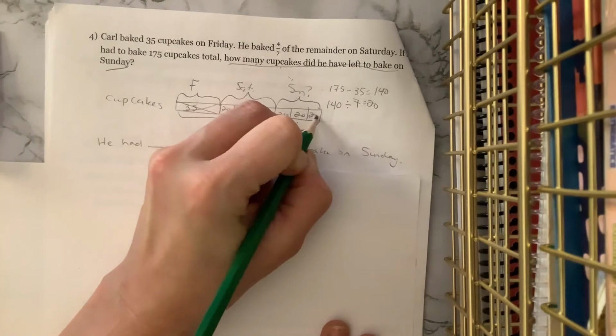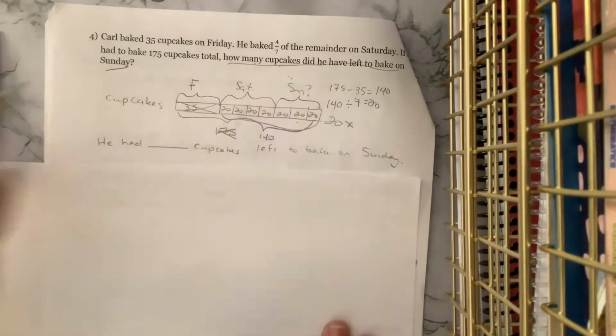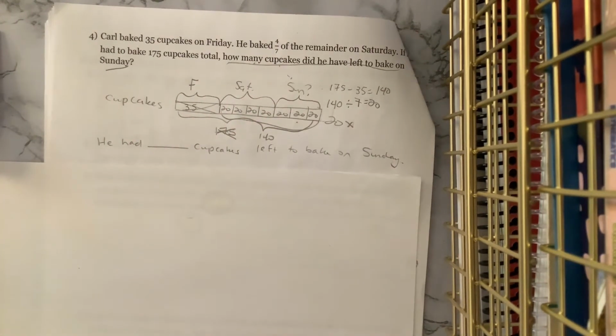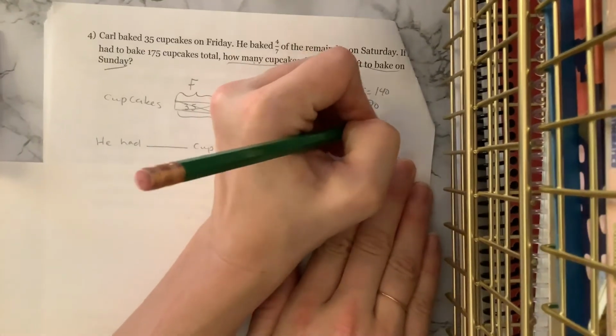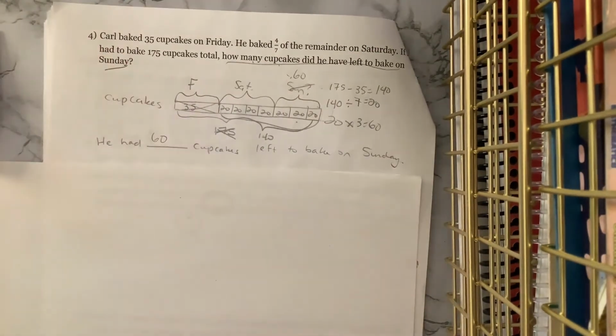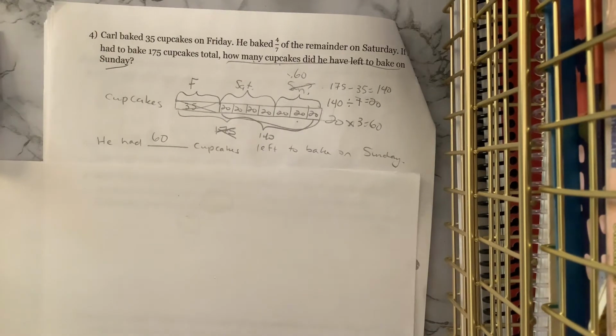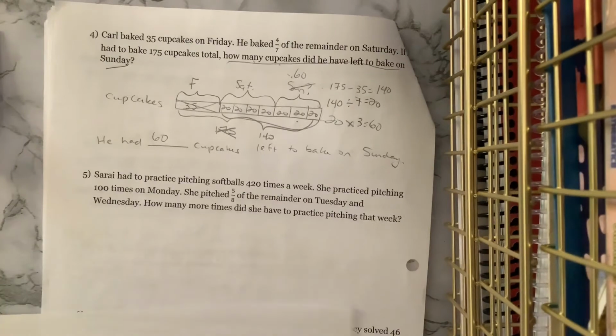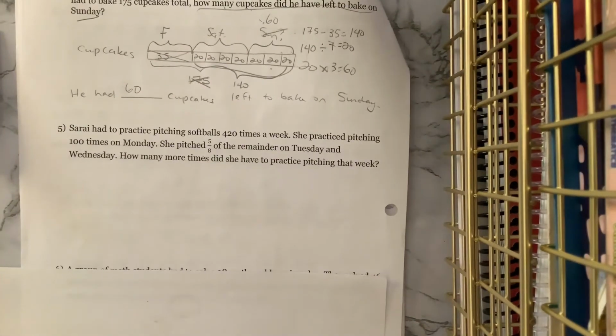Our final step is a multiplication problem. What are we multiplying by? Look at your picture. By 3. So you should have found that he had 60 cupcakes left to bake on Sunday. How'd we do, 5th graders? Okay, maybe? Okay.